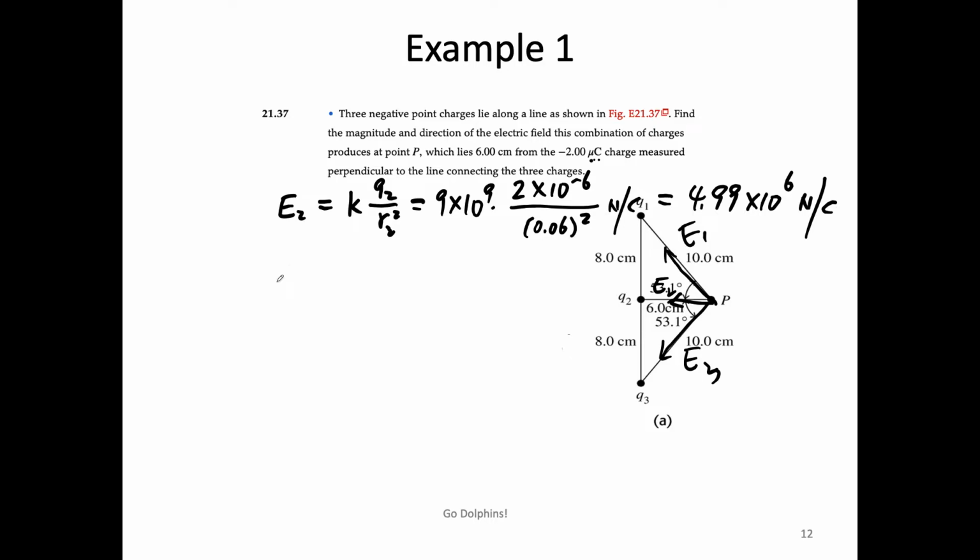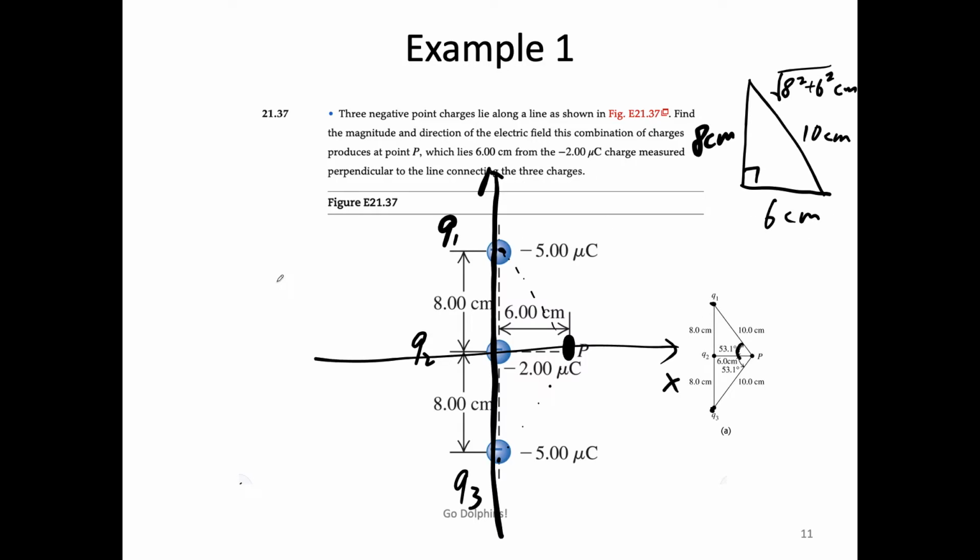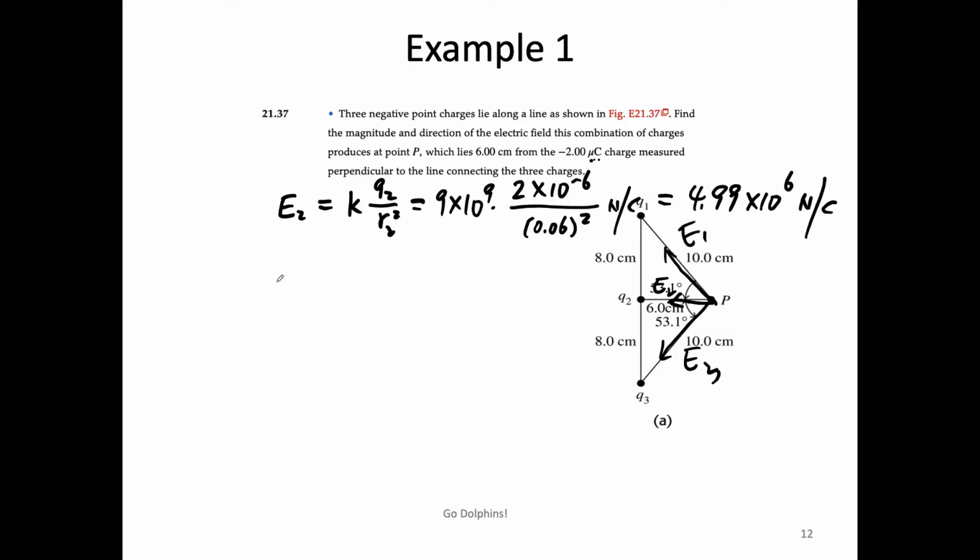Now we need to find the magnitude of E1 and E3. E1 and E3 have the same amount of charge. They are both -5 microcoulomb. And the distance from Q1 to P equals the distance from Q3 to P. So you can imagine E1 and E3 have the same magnitude. So let's use E1 for the calculation.